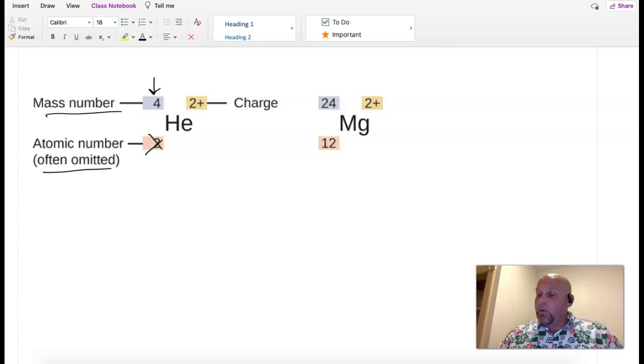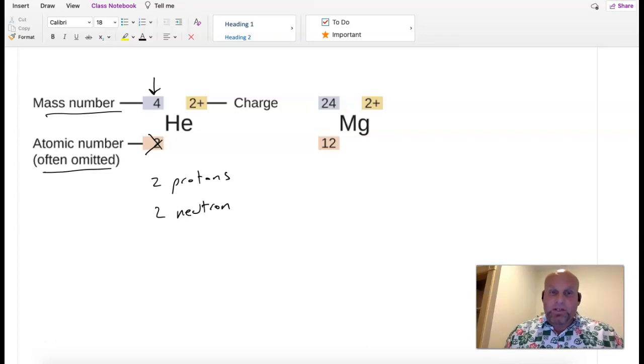So in this first example, the helium-4 ion with a 2+ charge, I have 2 protons, 4 minus 2 or 2 neutrons. And since I have a charge of plus 2, that means I've lost 2 electrons. So I would have 0 electrons in this example.